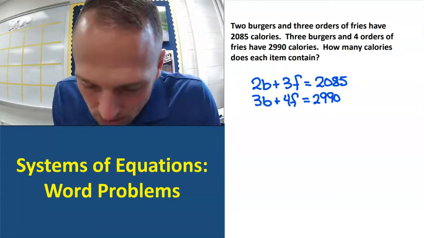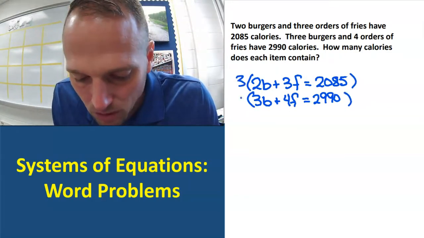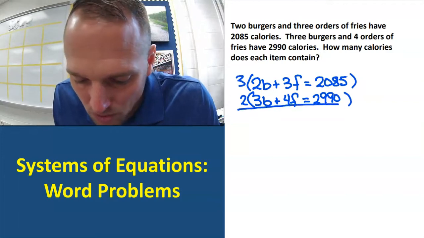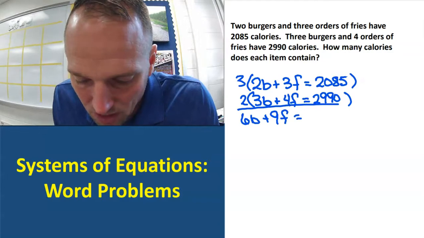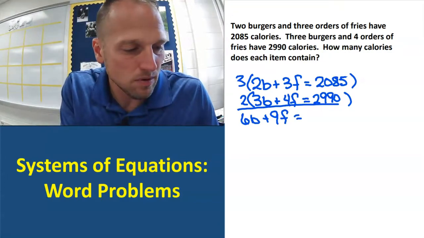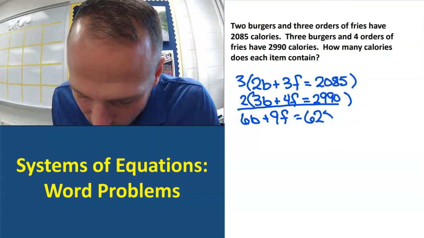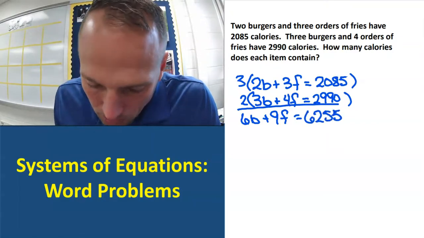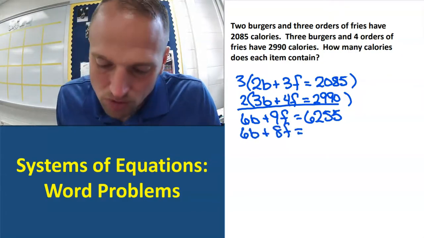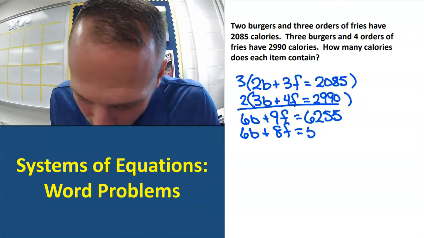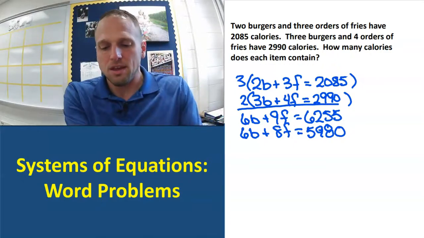Well, we need to, once again, multiply the top by the bottom and the bottom by the top. So multiply the top by 3, the bottom by 2. So when we do that, we're going to have 6b plus 9f equals 6,255. And on the bottom, 6b plus 8f equals, what's that going to be? 5,980, I believe.